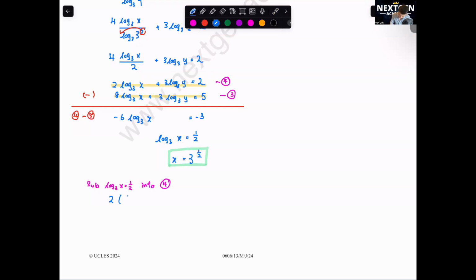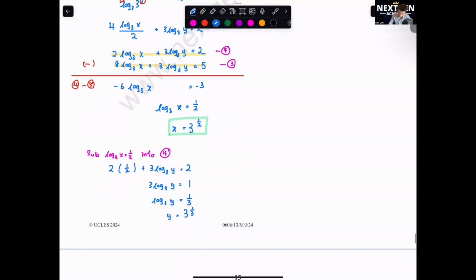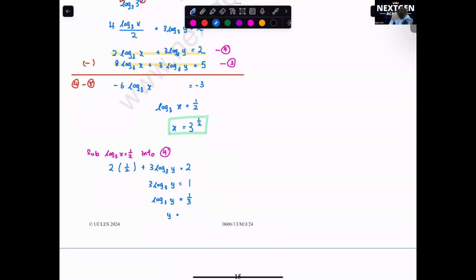So 2 times 1 over 2 plus 3 log 3y equals 2. 2 times 1 over 2 will be 1. So this will become 3 log 3y equals 1, so log 3y equals 1 over 3. y is 3 to the power of 1 over 3, or cube root 3. If you want to write it that way, you can.